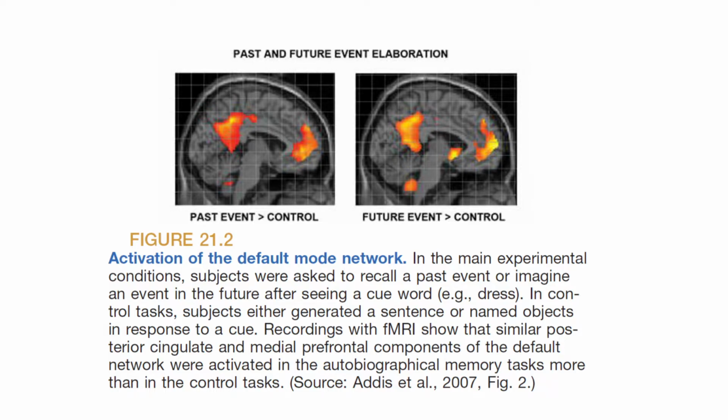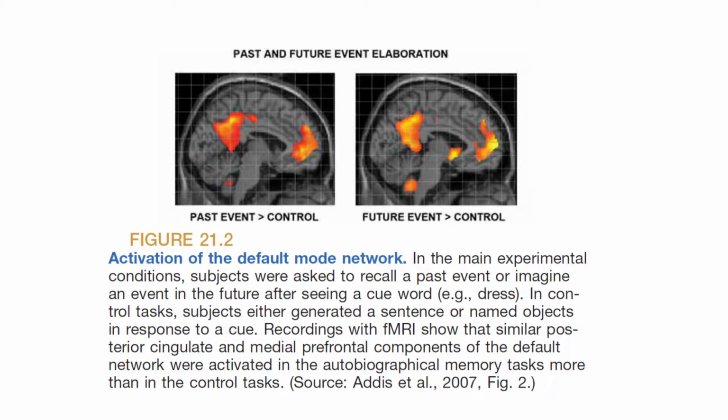Then we have this figure 21.2, and they show again this activation of the default mode, because they have some hypotheses. You have to read on the text what those hypotheses are. But basically in here they're using again the functional magnetic resonance imaging technique to compare some experiments in which the subjects are required to remember past events versus a controlled task, or imagine future events versus a controlled task again.